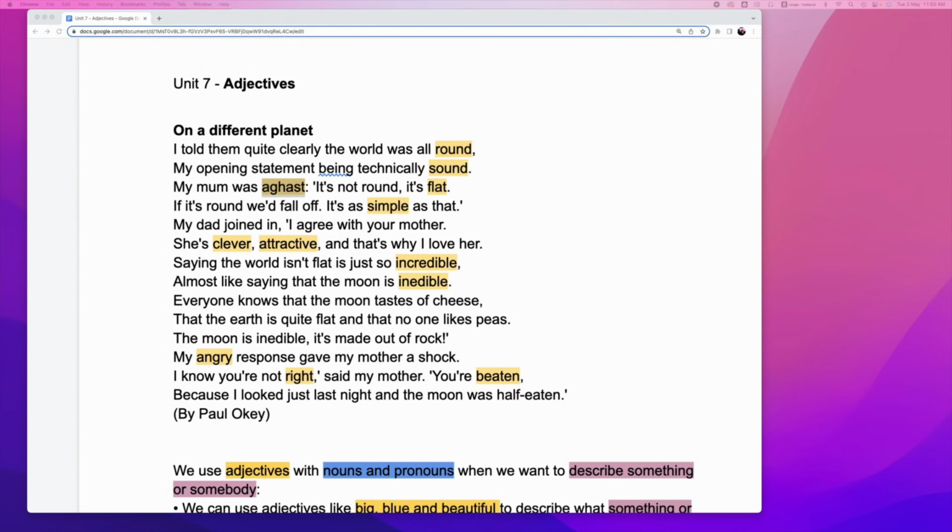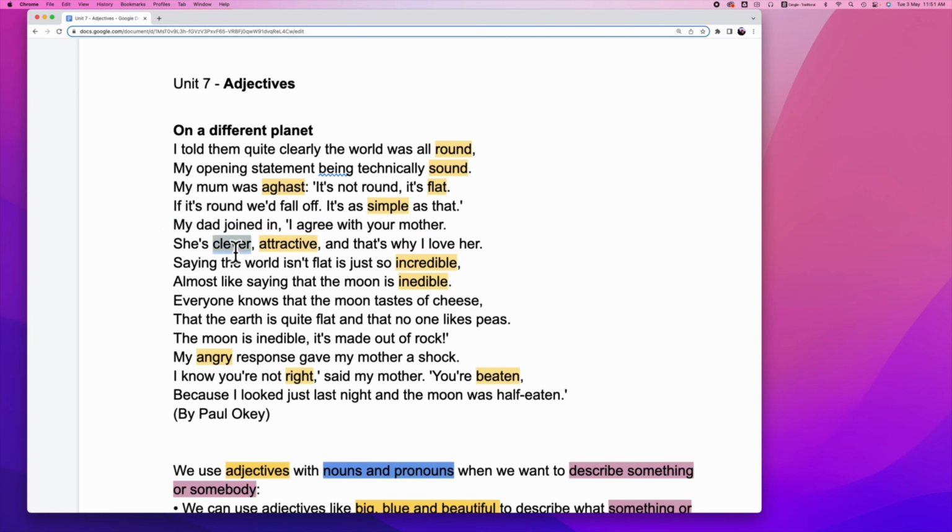Let's listen. Aghast. It's not round, it's flat. So flat is another adjective. If it's round, we fall off. It's as simple as that. My dad joined in. I agree with your mother.